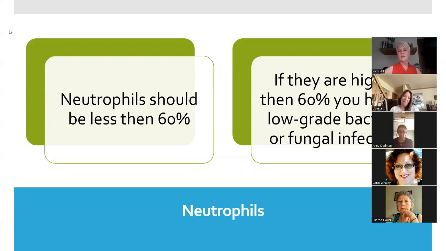So with the neutrophil, that number should be a percentage, and it should be 60%. Anything greater, we're looking at a low-grade bacterial infection or a fungal infection. So neutrophils are at 60%, anything greater.